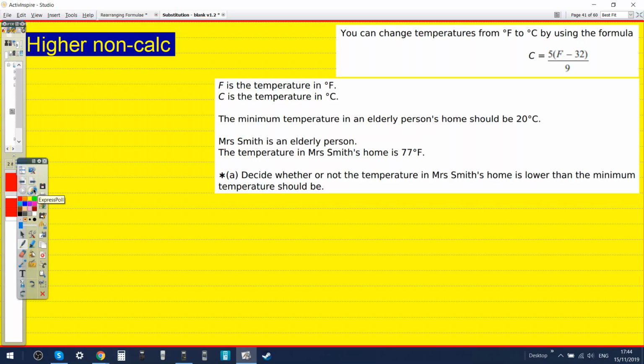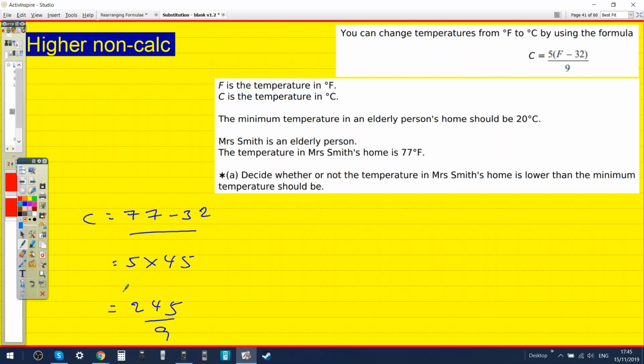Okay. So our non-calc. Okay. 5 times. So 77 minus 32 is 45. 5 times 45 is 245, I think. 245 over 9.